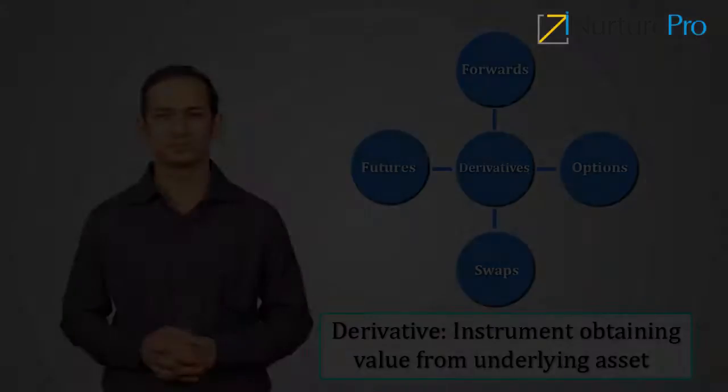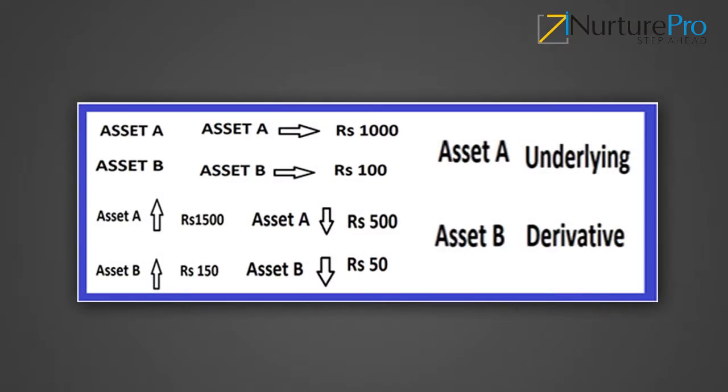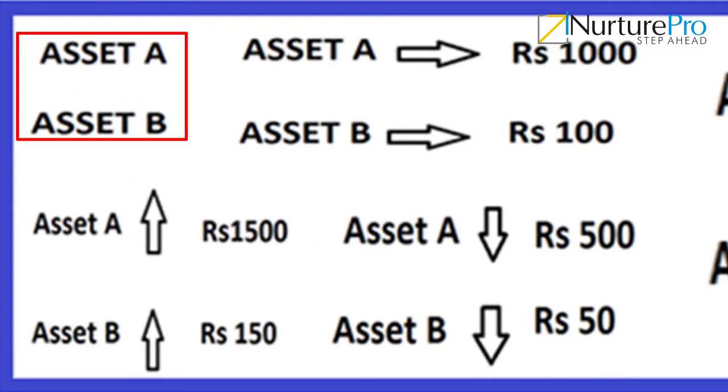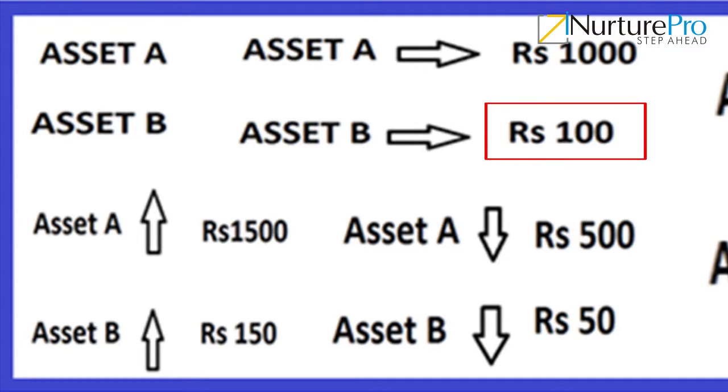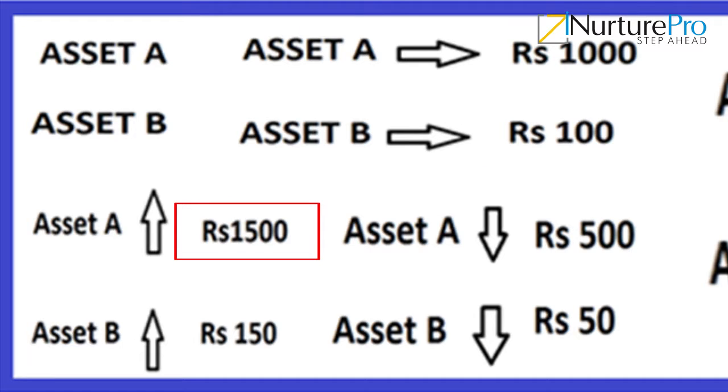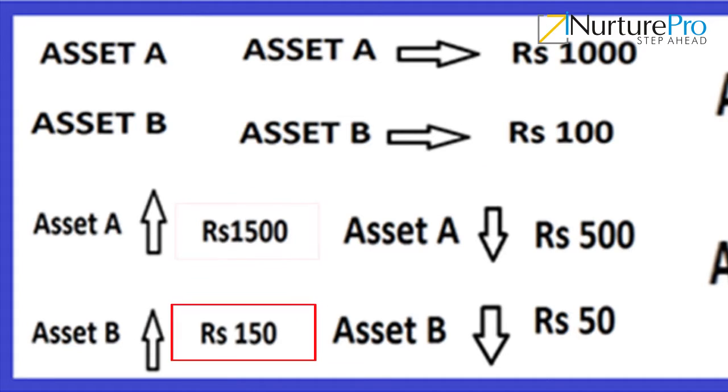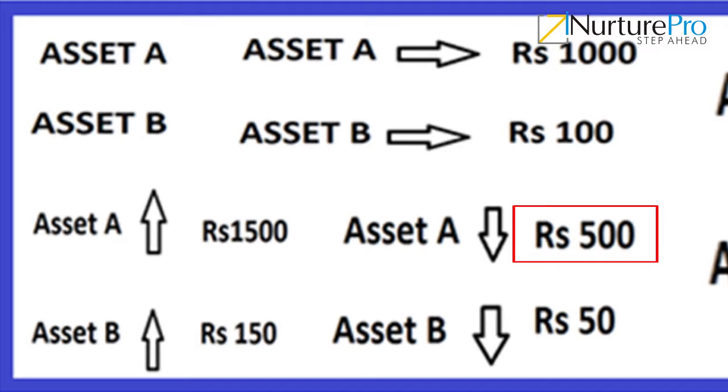Let's see an example. Let us assume that there are two assets, asset A and asset B. The value of asset A is rupees 1000 and that of asset B is rupees 100. When the value of asset A goes up to rupees 1500, the value of asset B goes to rupees 150. Similarly, when the value of asset A goes down to rupees 500, the value of asset B goes down to rupees 50.